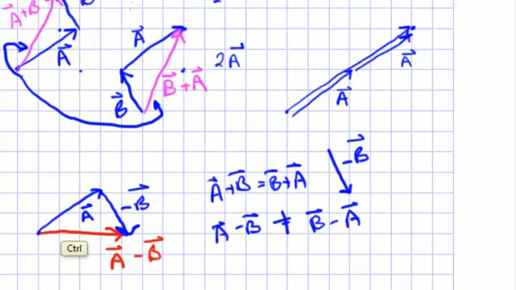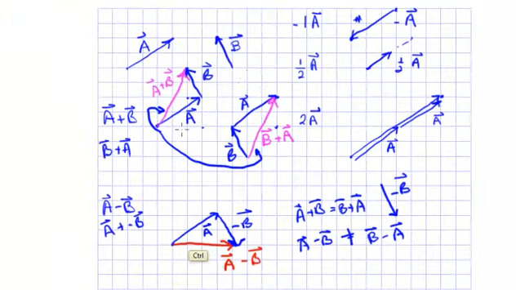Now, one thing you should notice is that when I add A and B together and I get the sum, the sum of A and B was a vector that had a plus 2 for the x component and plus 4 for the y component. That is to say, it went over to the right, which is the plus direction, 2 units, and up, which is in the plus direction, 4 units in the y direction.